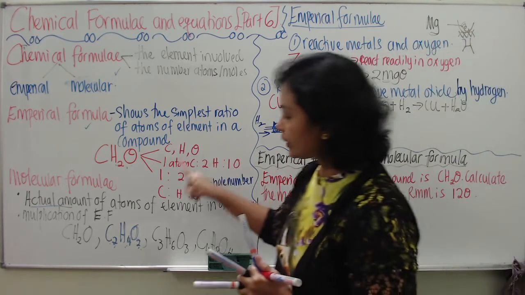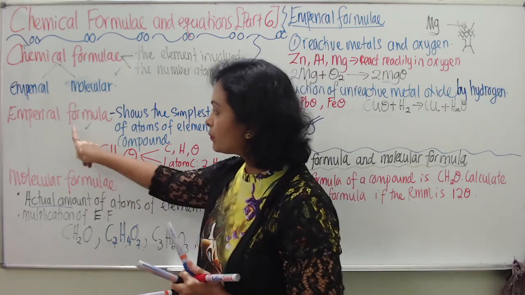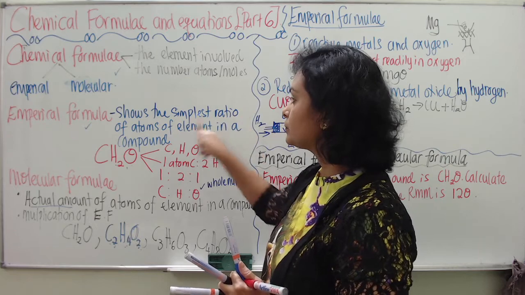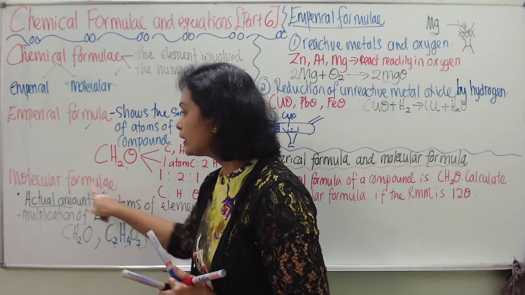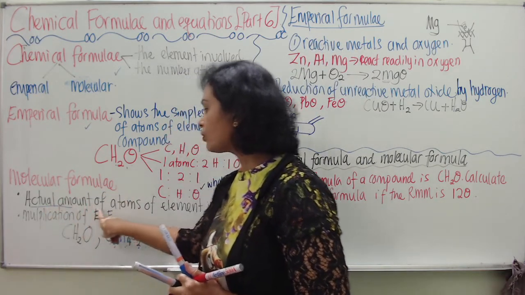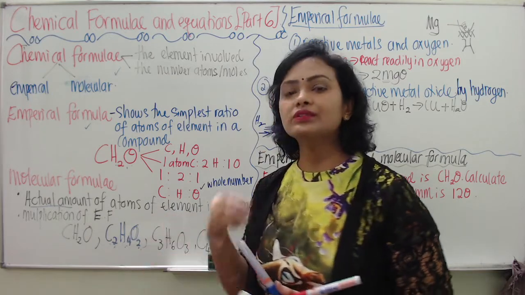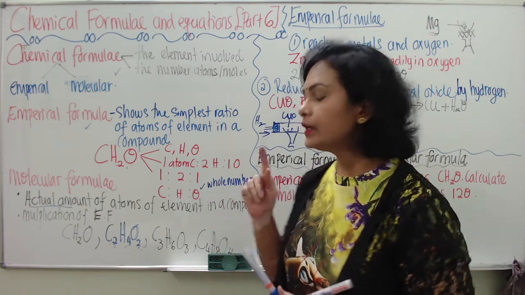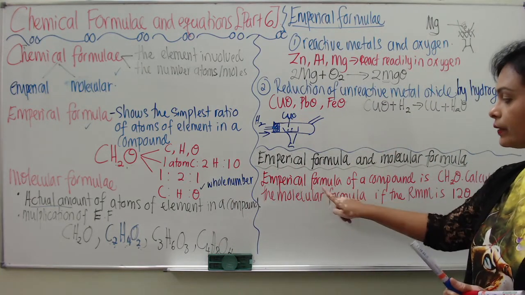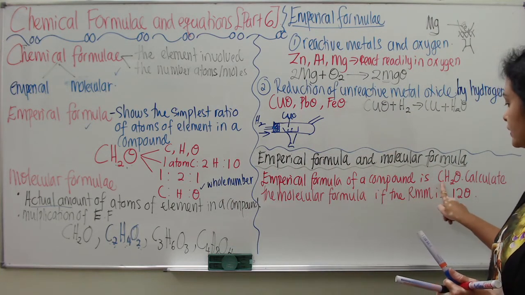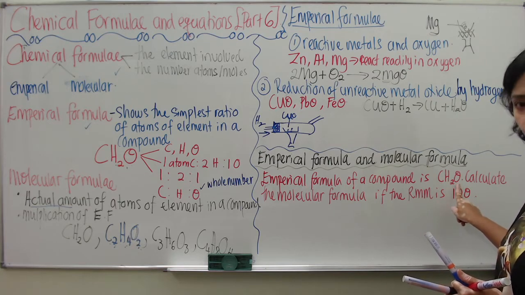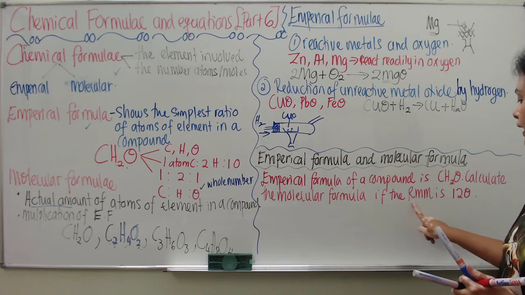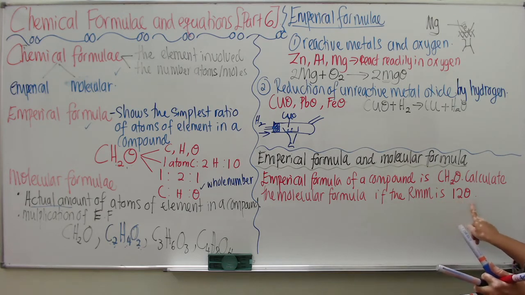We know that empirical formula is the simplest ratio of atoms of elements, and molecular formula is the actual amount of atoms of elements, which is technically a multiplication of the empirical formula. Now let's look at the question. The empirical formula of a compound is CH2O. Calculate the molecular formula if the relative molecular mass is 120.